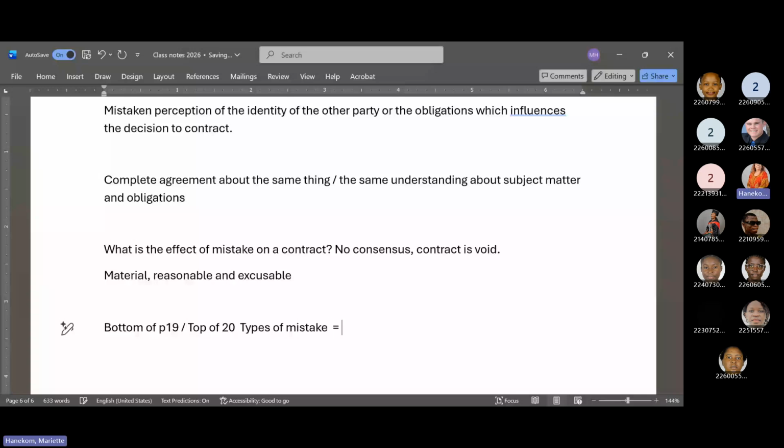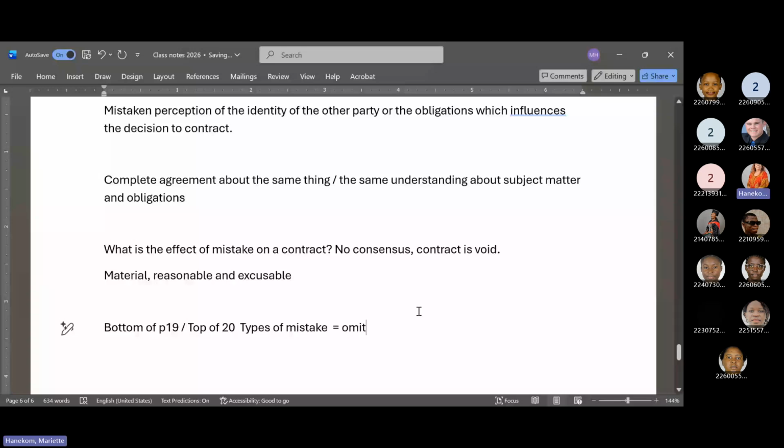You can leave that out. I'm not going to do that, so you could skip that. Just read the last paragraph there, just above misrepresentation, when it explains this bit that I said about material, reasonable, and excusable.